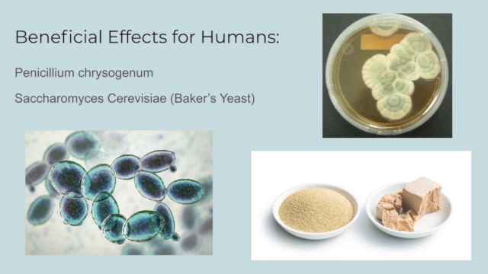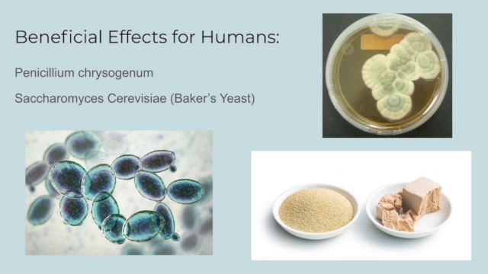And then on the bottom, we see the Saccharomyces cerevisiae, baker's yeast. On the bottom left-hand corner, we see what it looks like in its true form. And then on the bottom right-hand corner we see that it can be turned into yeast. I'm sure everyone has heard of baker's yeast, or if anyone likes to bake or cook themselves, maybe they've used it.